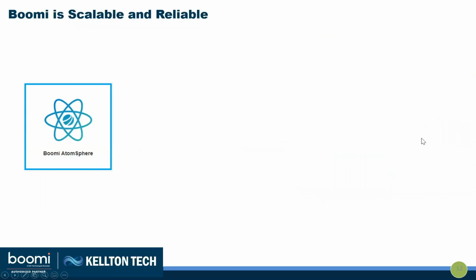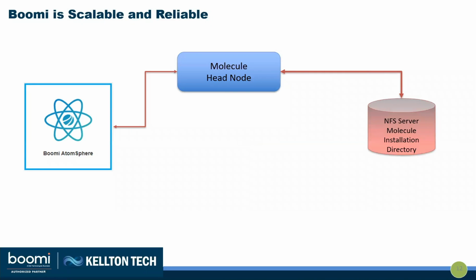All right, moving on. Boomi Molecule is, of course, very scalable and reliable. So how does it do that? If you want to install Boomi Molecule in your environment, you would start with two servers. One is to keep your head node, and the other is for the NFS server, where you install the molecule and the central shared storage.